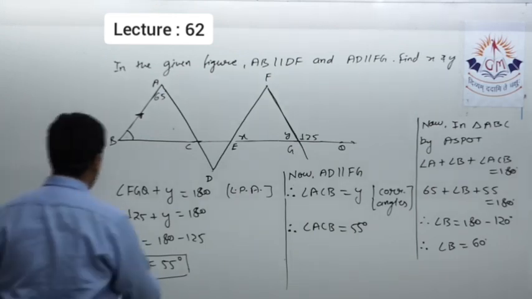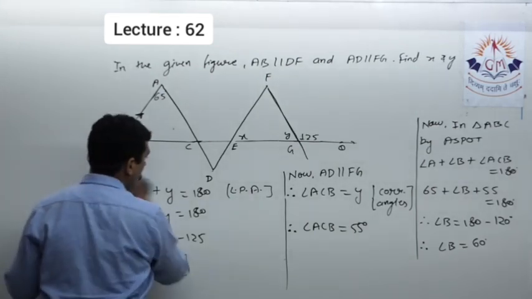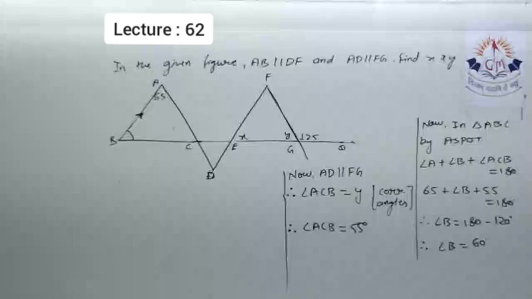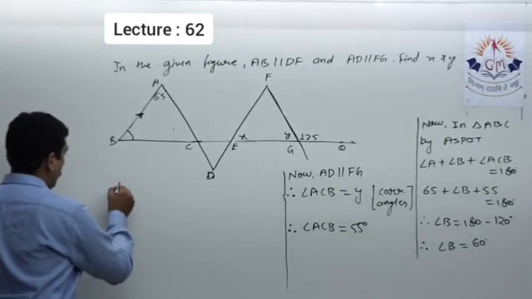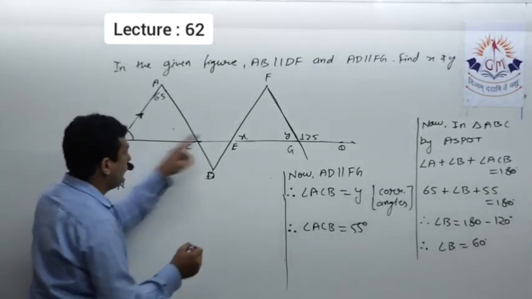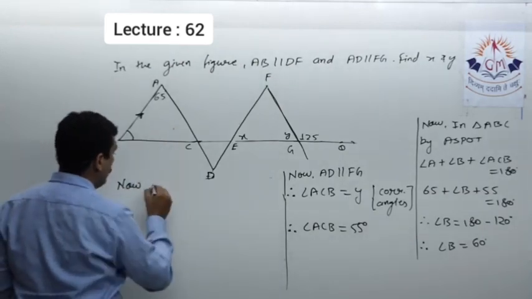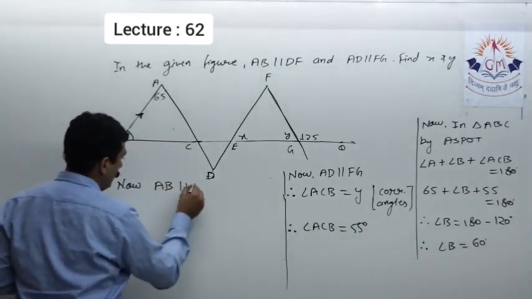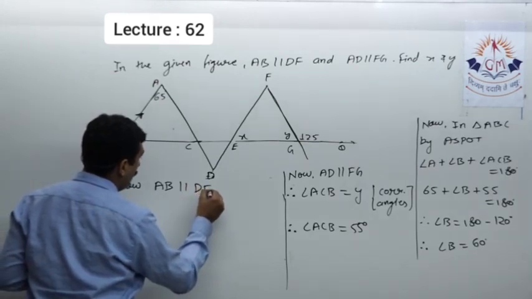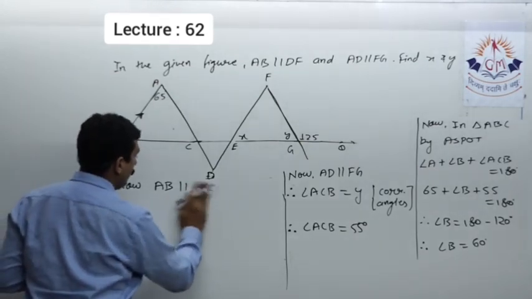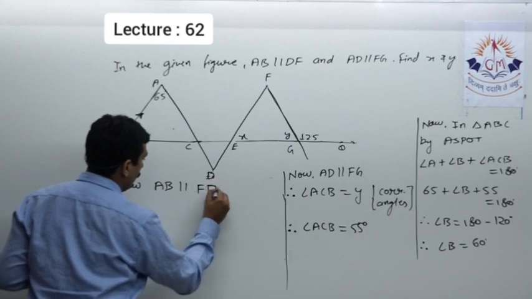Okay, so now let us see the remaining solution. Now we'll see how to find the measure of angle X. For that, AB is parallel to FD, that is given.